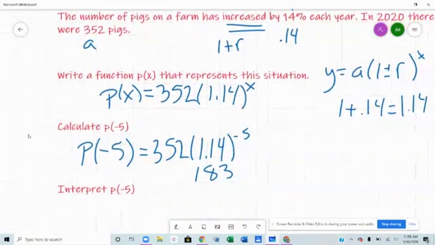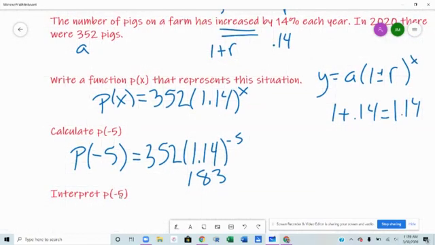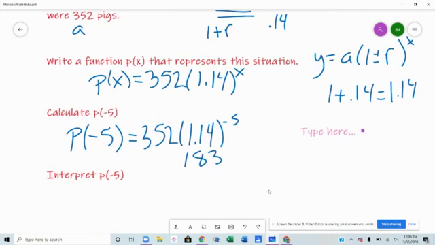So now when we're interpreting, we've got p of -5. So -5, what does that mean in terms of our time? Well, -5 means 5 years ago. So we wouldn't say after 5 years, we would say 5 years ago.